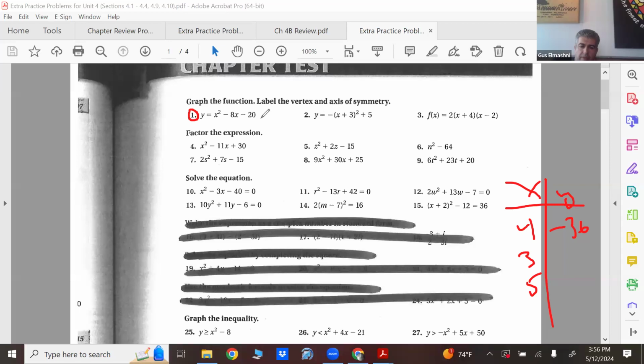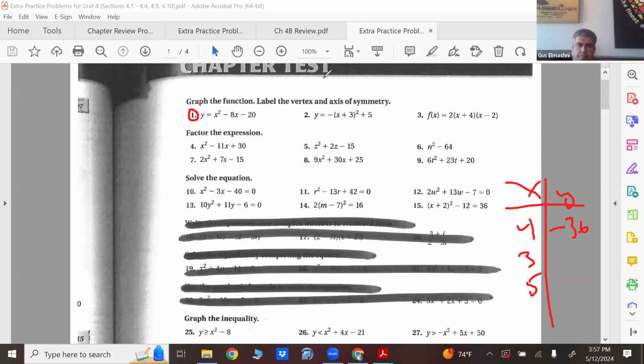Okay, and then plug in 3 and 5. Plug in 3 and 5, right? Wait, plug in 3 and 5 or 35? 3 for x and 5 for x. Negative 15.